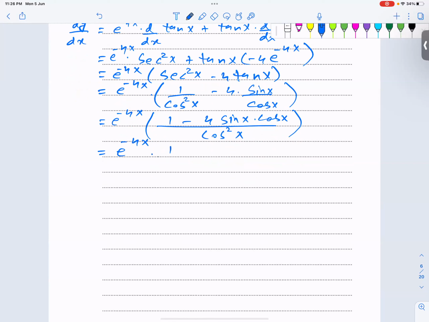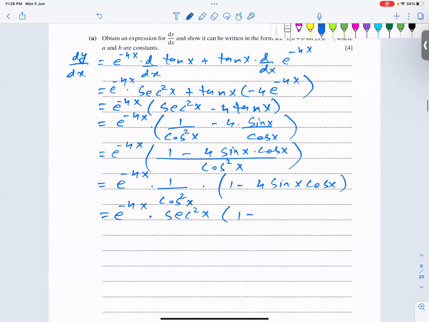I can bring 1 over cos square outside, so this will be 1 minus 4 sin x cos x. So I can write it as e to the power minus 4x into secant square x into 1 minus.